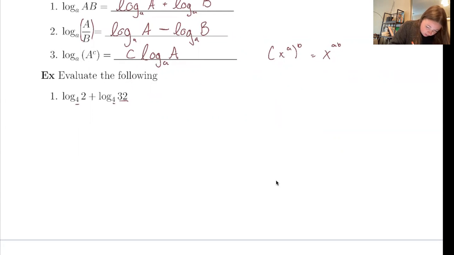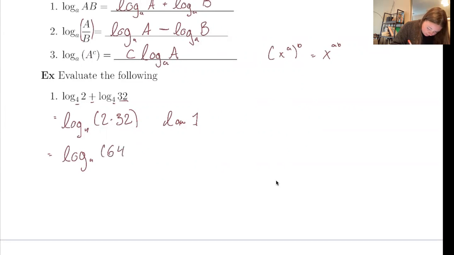And we can do that because they do have the same base. So log base 4 of 2 plus log base 4 of 32 will be log base 4 of 2 times 32. And we'll say that was law 1. 2 times 32 is going to be 64.